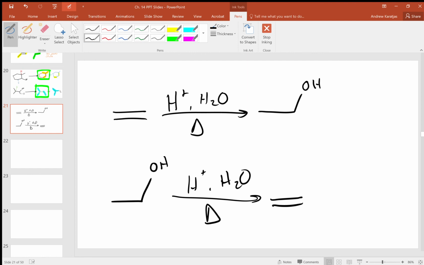Because if you take the alkene and add acid and water and heat, you get the alcohol. But then if you add acid and water and heat to the alcohol, you get the alkene. And it's not a matter of when you use all the acid up, because the acid here, and this is the case for both reactions, is actually a catalyst. A catalyst, you hopefully recall, is a substance that speeds up a reaction, but overall isn't consumed by the reaction.